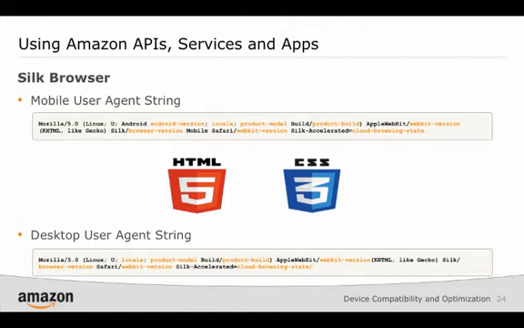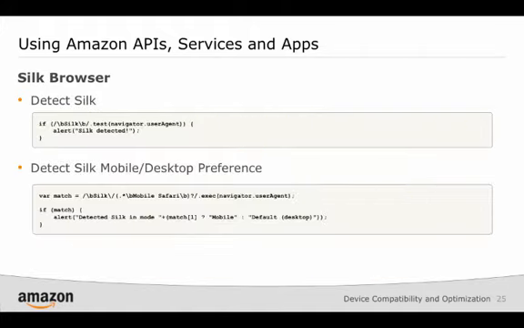You can detect the Silk user agent using some simple JavaScript code. At the Silk Settings menu, the user can choose among three requested view options: automatic, desktop, and mobile. On this slide is a sample JavaScript code for detecting the Silk user agent across all device families.